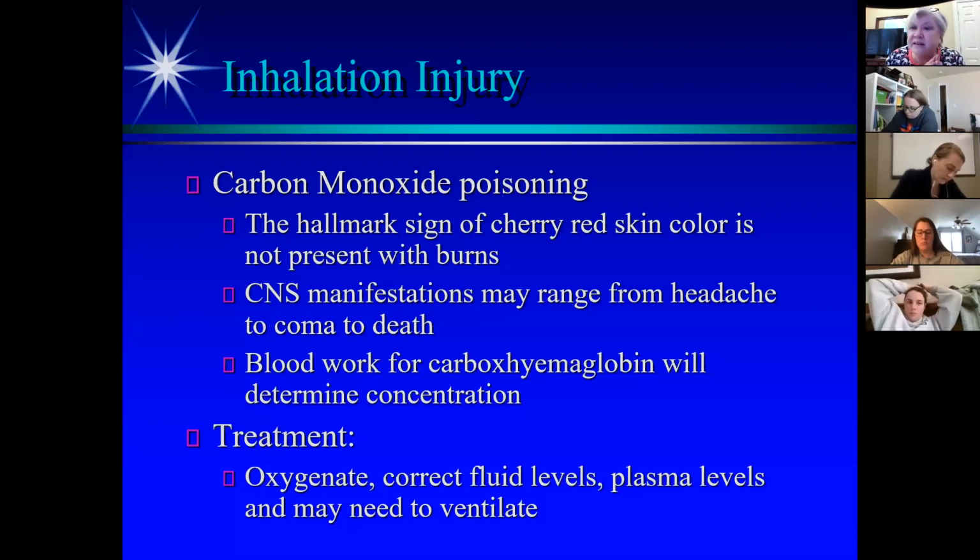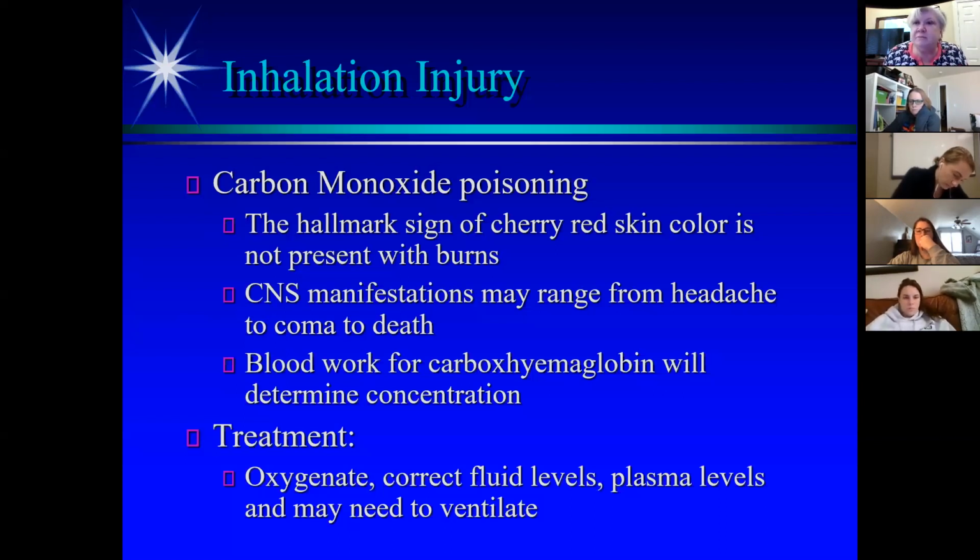And so you asphyxiate, you become hypoxic, because even though there's oxygen in this room and no one's choking me, my hemoglobin does not pick up the oxygen. It picks up the carbon monoxide because it has an affinity for carbon monoxide.